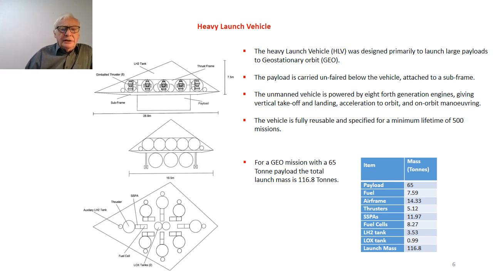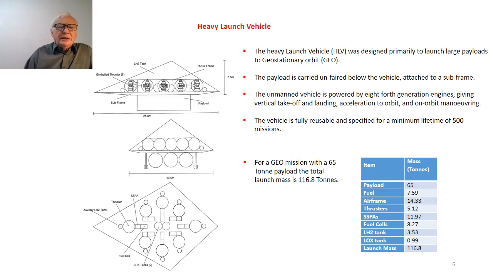You can see the design outline on the left. And in the plan view, you see how the 8 engines are configured. Each thruster is associated with an auxiliary liquid hydrogen tank. It has its own SSPA and fuel cell, and these can be interconnected for redundancy purposes.